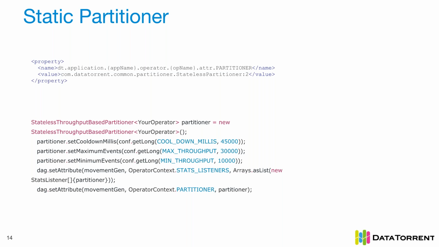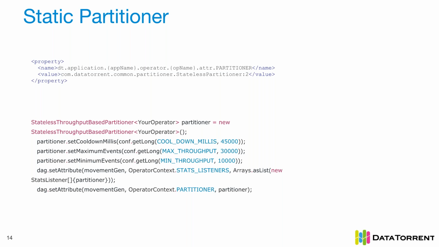The next thing mentioned below is the stateless throughput based partitioner, which you can create for your operator, and it takes a couple of values such as cooldown milliseconds. This is the time between the 2 partitioning events.